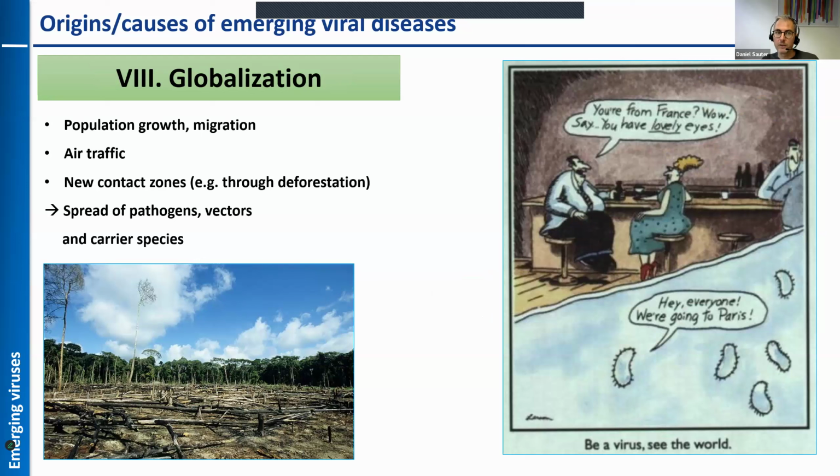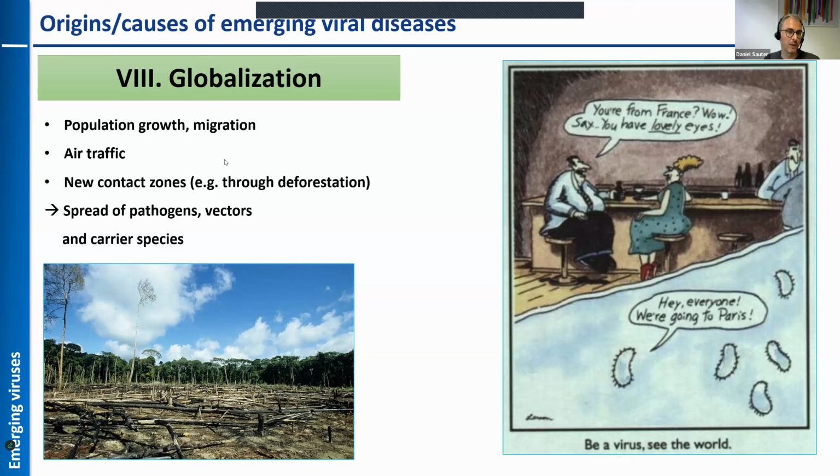Then another key factor that determines spread of viruses in humans is, of course, globalization. So whenever we travel around the world, the viruses may travel with us. Then, as you have seen in this example of the movie, they showed this example of deforestation, which means that humans get in contact with animal species and their viruses that they have never encountered before.